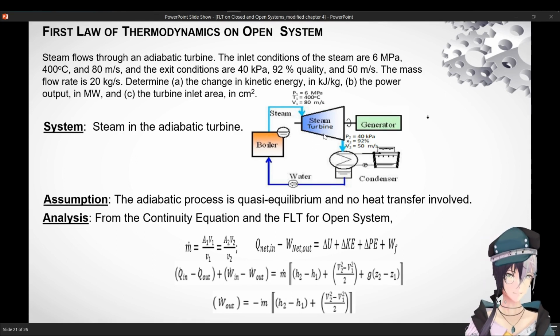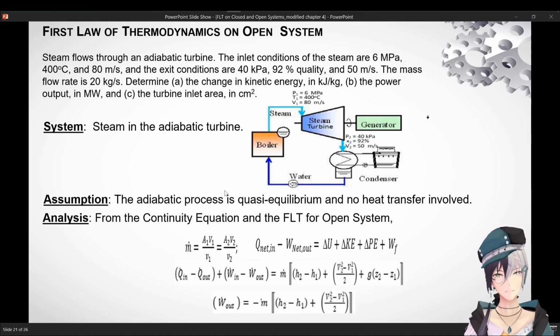The assumption is that this is an adiabatic process, so there is no heat energy going in and out, so this is zero. We are now left with this equation. Rearranging, we are now left with negative work out, the negative of this expression.